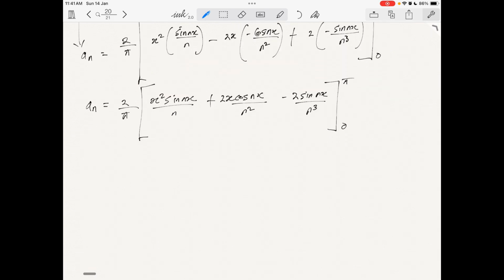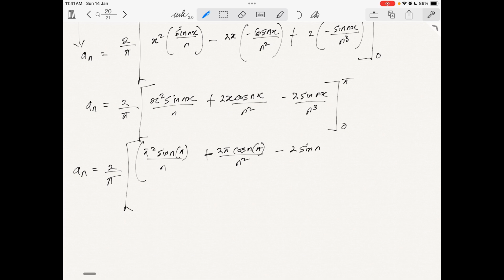Now it's time for us to implement our limits. So an is equal to 2 over pi. Applying the upper limit of pi first, we have pi squared sine n pi over n, plus 2 pi cos n pi over n squared, minus 2 sine n pi over n cubed.